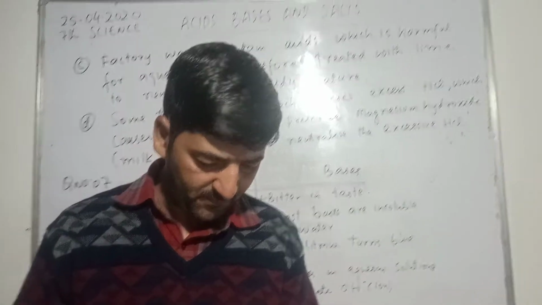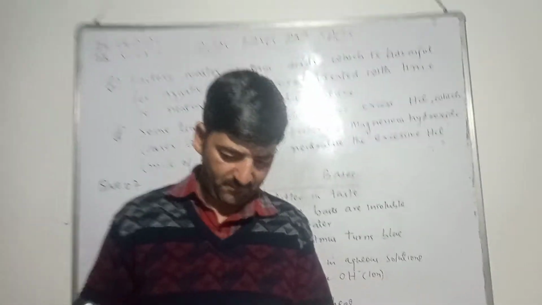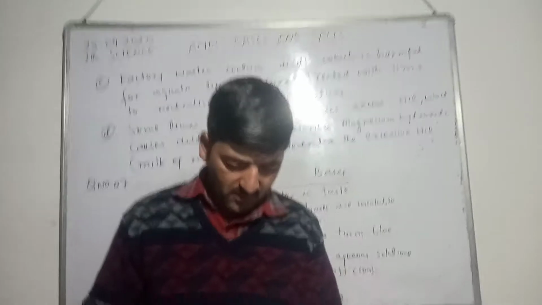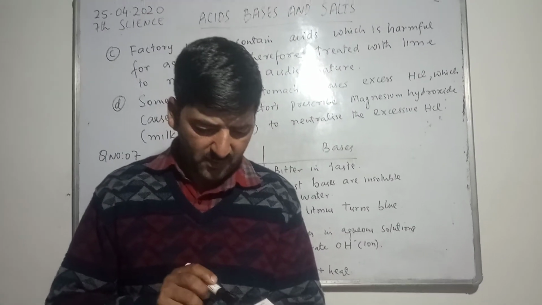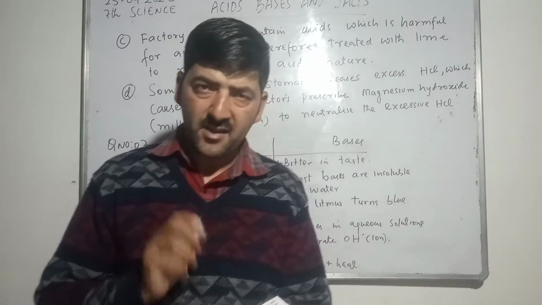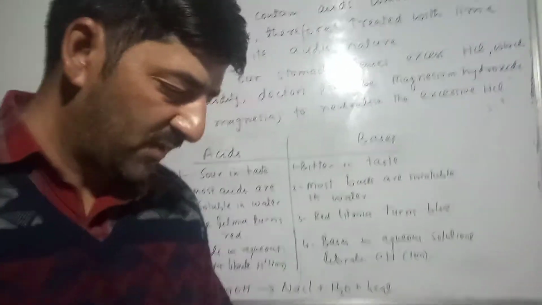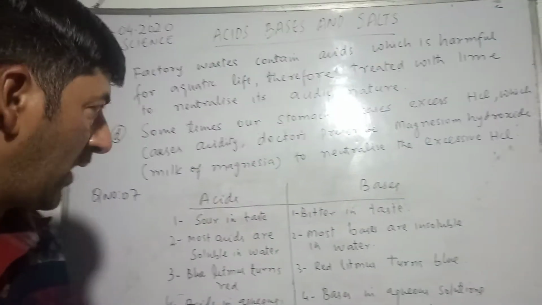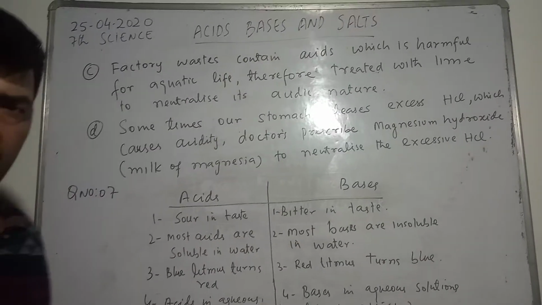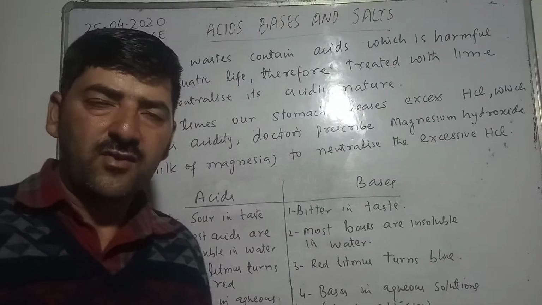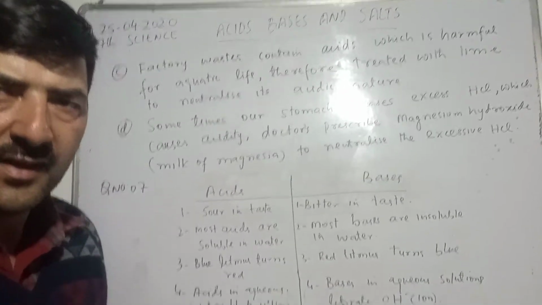Part D is antacids are used for relieving stomach acidity. Here it is written wrongly as activity, it is perhaps stomach acidity. So why? When we take some spicy food, our stomach releases excess hydrochloric acid that causes acidity.